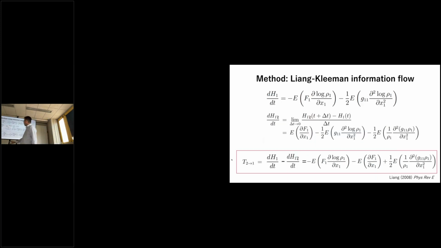If we look at the difference between the full entropy change of x1 and the time change of x1 without the influence of x2, then we can derive these equations. But if you look at these equations, we actually need the actual form of f.